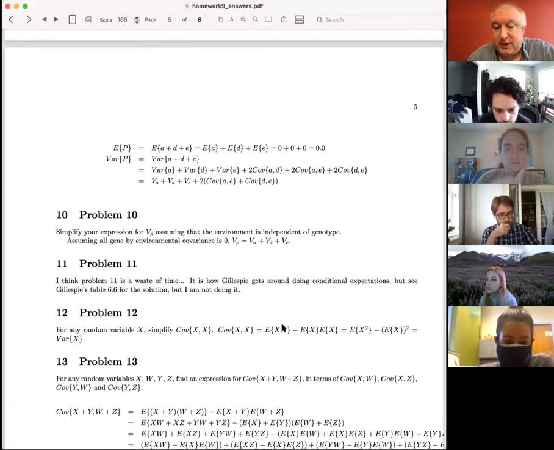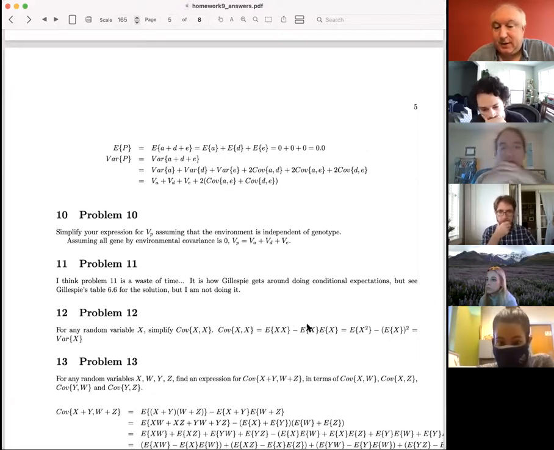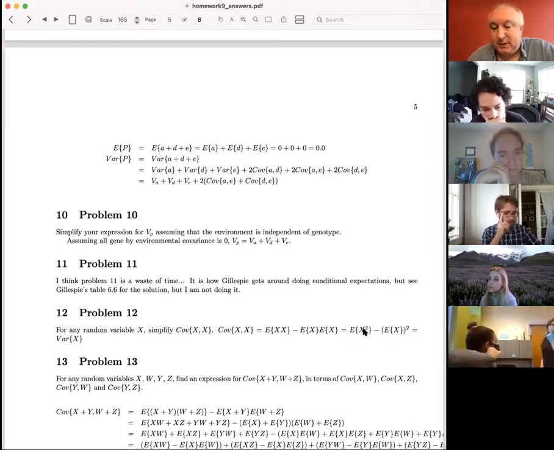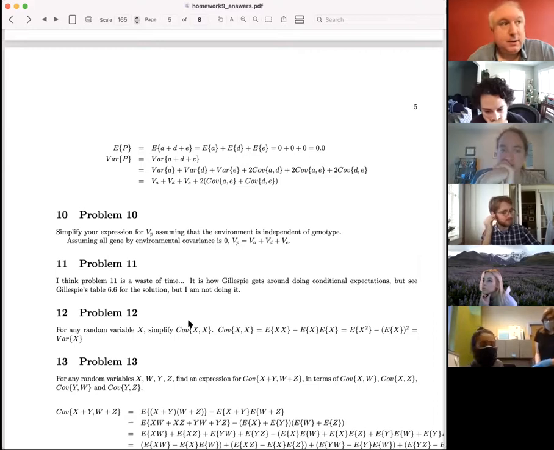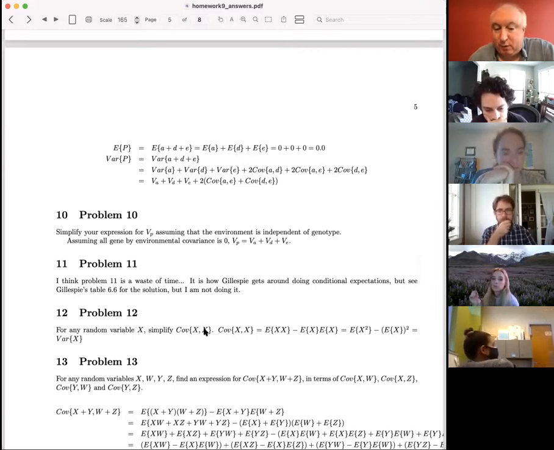When all of them are the same thing, it's the expectation of X times itself minus the expectation of X times the expectation of X. We get the expectation of X squared minus the expectation of X quantity squared, which you all know is the variance of X. So we just learned the covariance of a random variable with itself is the variance of that random variable.